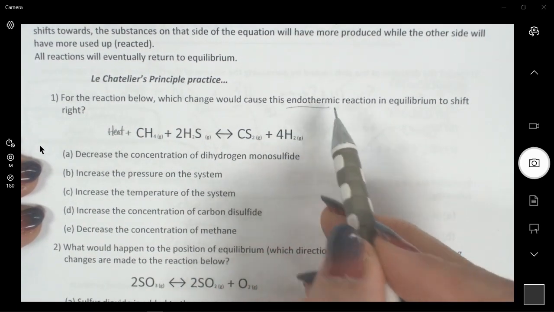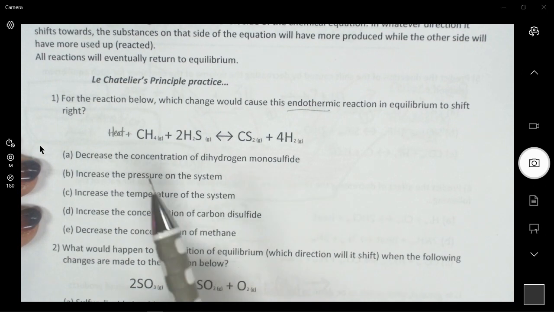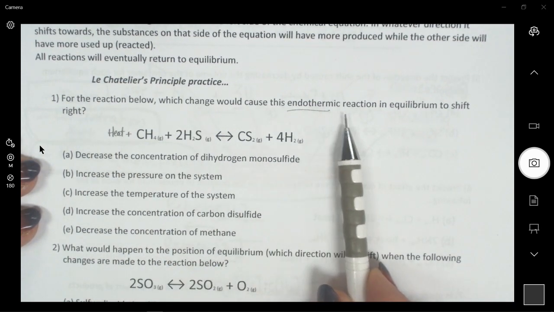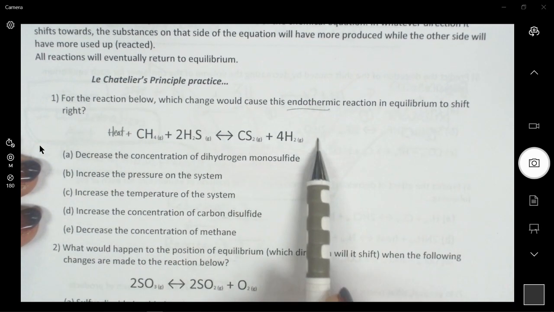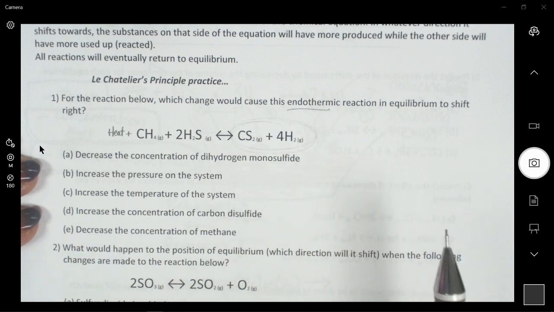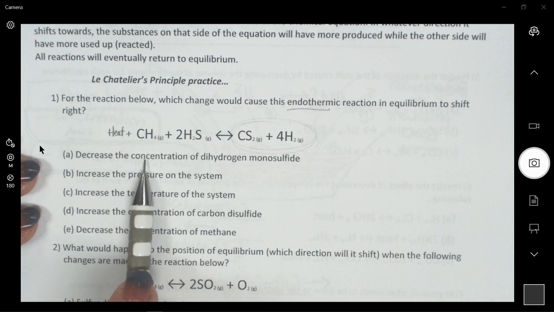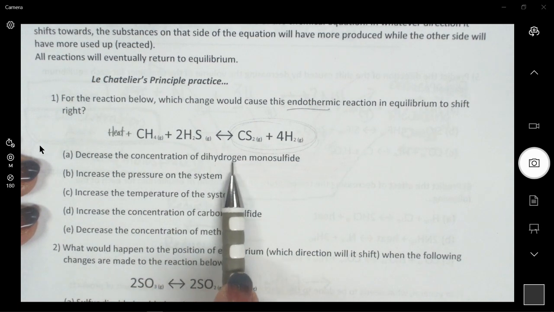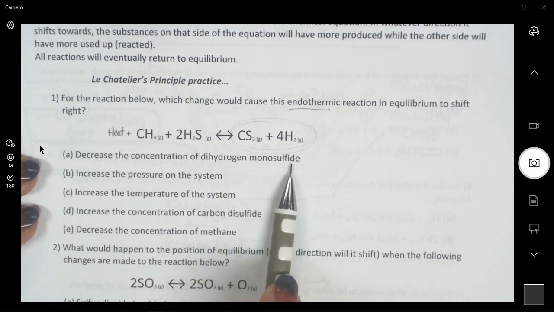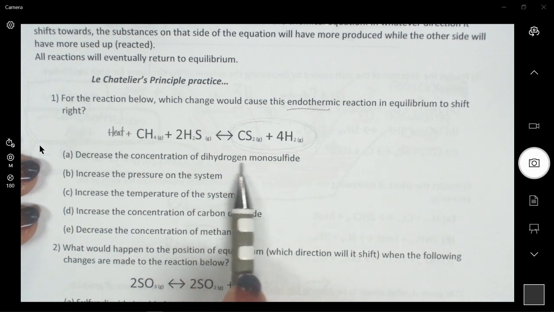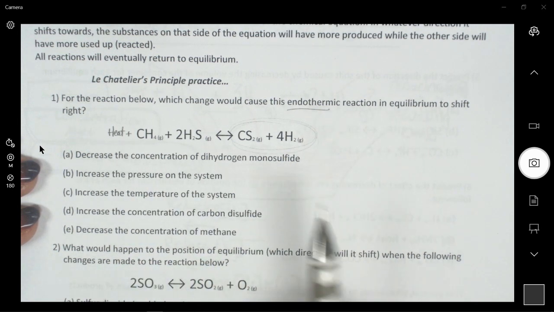So read carefully. Which change would cause the equilibrium to shift to the right? We want to make more product. If we decrease the concentration of dihydrogen monosulfide, we need to know which one of these is dihydrogen monosulfide.